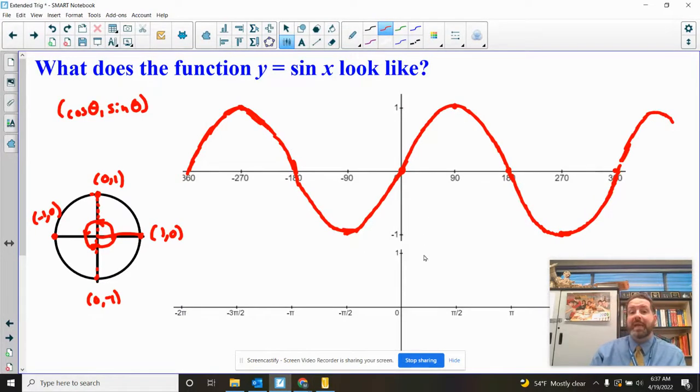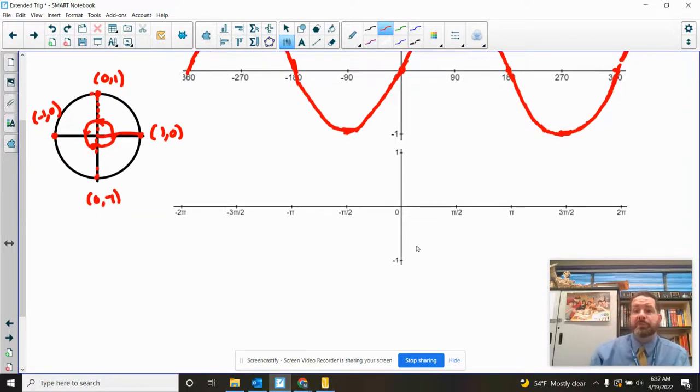Now, when you switch over to radian angle measure, nothing changes. But just for practice, I want us to become more familiar with how those radians work. So 0 degrees and 0 radians are the same. 90 degrees, that's pi over 2 radians. That's going to put us at the top.